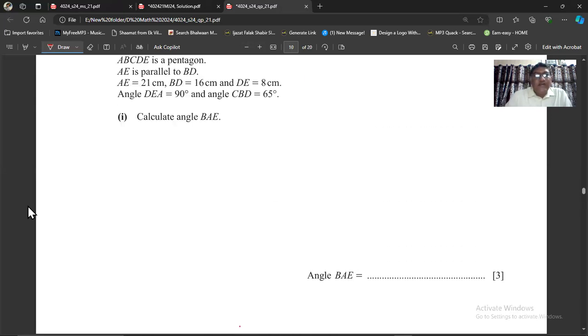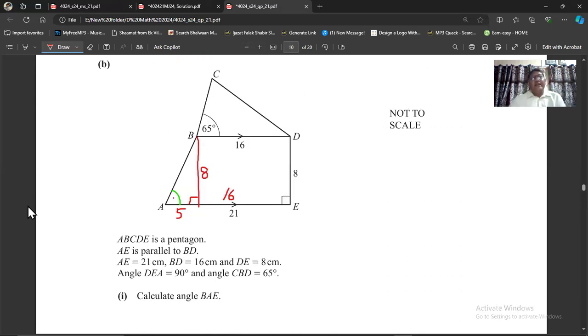You know, the area of the pentagon is given. The area of the pentagon is 200. So this whole pentagon, its area is 200. I can very easily find the area of this trapezium. The area of the trapezium, let me call it A1. From the area of the pentagon, I can subtract the area of the trapezium, then I will be left with the area of this triangle BCD.